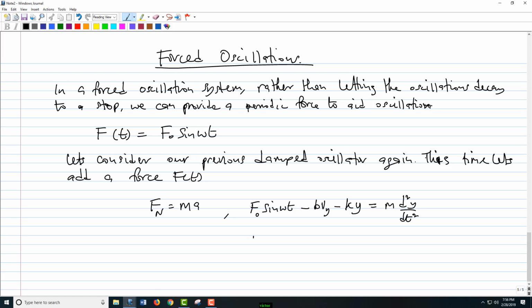And we are just going to replace V in the y direction by dy dt. So we shall have F naught sine omega t minus B dy dt minus K times y equals m d squared y dt squared. So this is the equation of motion of a forced oscillatory system.